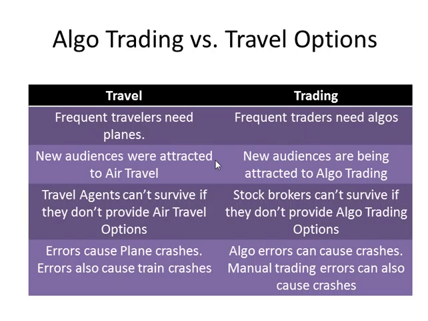The last parallel that I want to draw, one which we've already drawn, is that these are all human systems, and there are errors in human systems. Errors cause planes to crash, and errors also cause trains to crash. This doesn't mean that we stop using planes or trains. Similarly, algo errors can cause crashes, but manual trading errors also cause crashes.